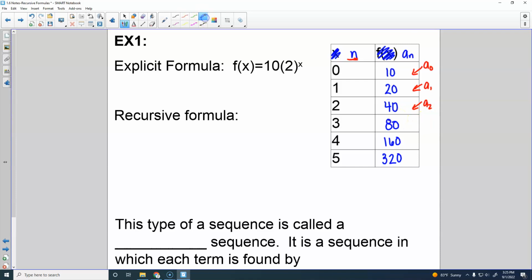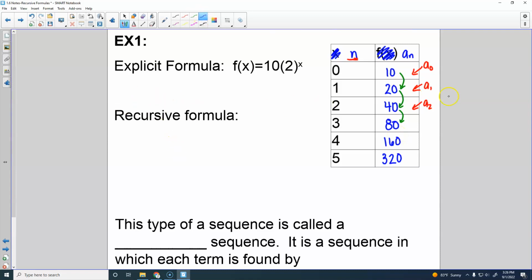So if we're writing a recursive formula, what we're doing is we're looking at what is happening as we go from one term to the next term. What we can see is happening here is we are multiplying these numbers by 2.